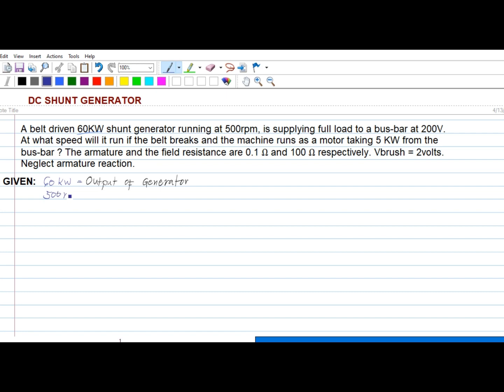So the speed as N_G, since it is the speed for the generator. Also a bus bar of 200 volts.